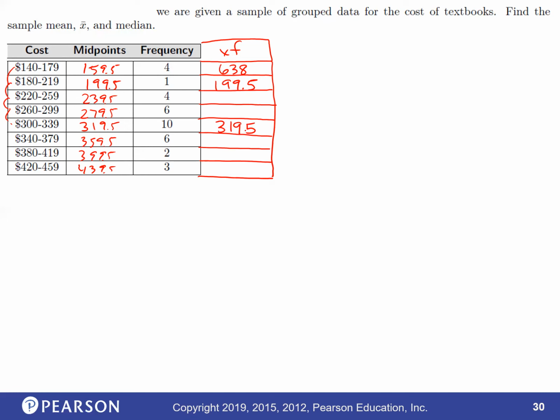Okay, the others. 239.5 times 4. See? 958. And please be okay to correct another person if you need to. Just say, hey, I think I got something else. That's fine too. 279.5 times 6.